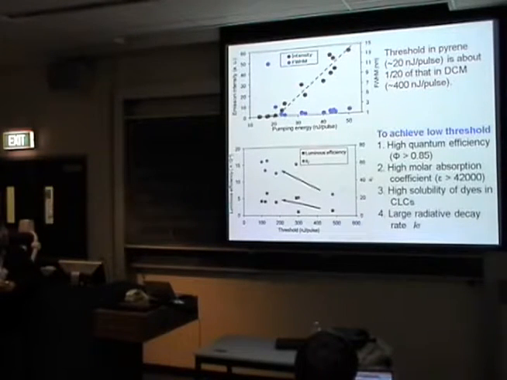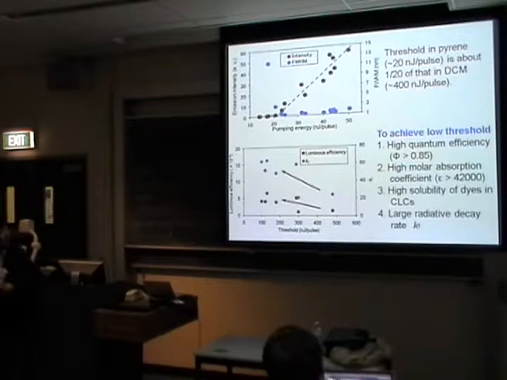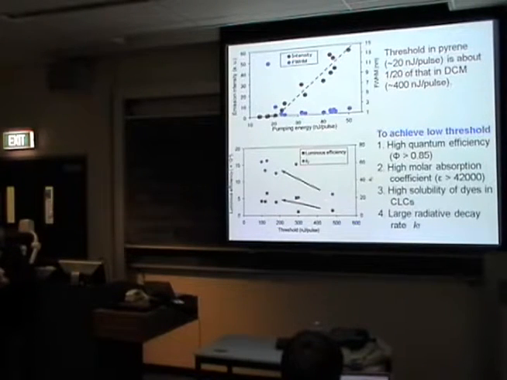DCM is like 0.4, something like this. And we have to have a high absorption coefficient, and solubility of dye in the liquid crystal. This is also important, and the large radiative decay rate. So the collection of all these data shows these are the important factors.